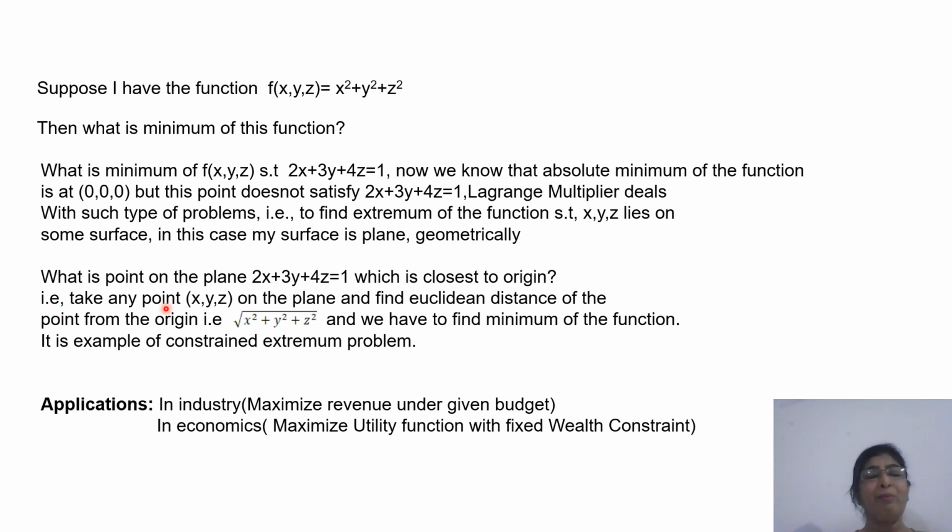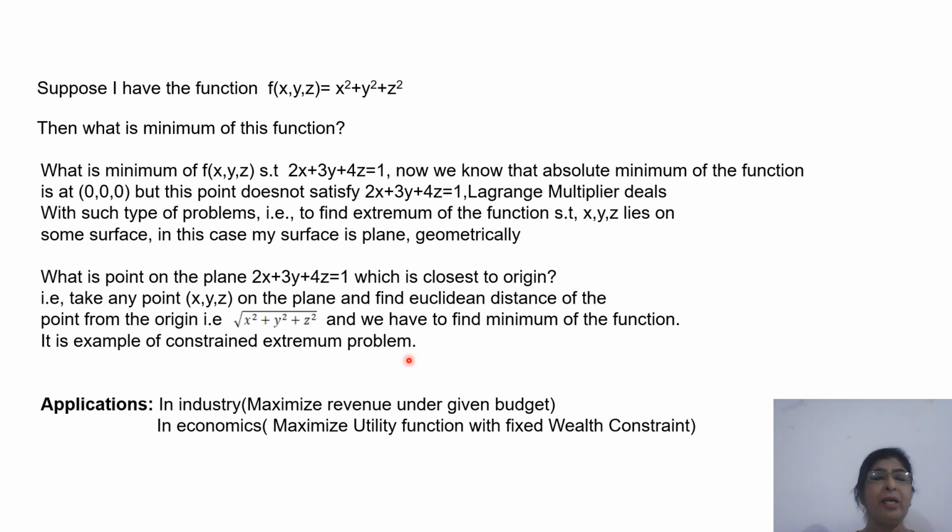We take any point (x, y, z) on the plane and then find the Euclidean distance of the point from the origin. So this is our function, which is the square root of x² + y² + z². Now we have to find the minimum of this function under this constraint. So it's an example of a constraint extremum problem.